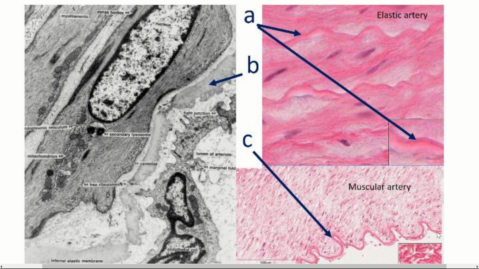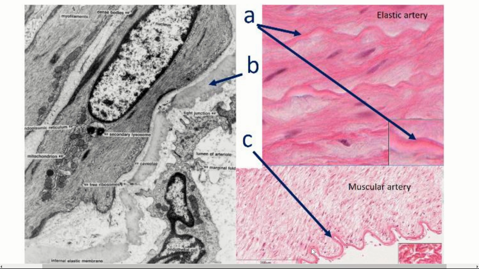And then here, this is a muscular artery, and in muscular arteries, we don't really have this whole elastic lamina all throughout the tunica media. We mainly have smooth muscle. We still have smooth muscle in an elastic artery, but we have a lot more in a muscular artery. The thing is, though, on the inside in the tunica intima, we still have an elastic lamina.